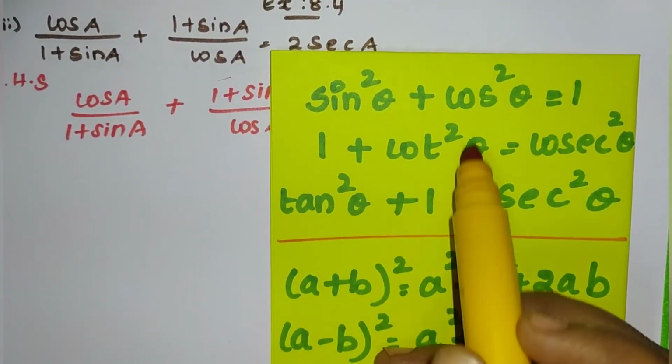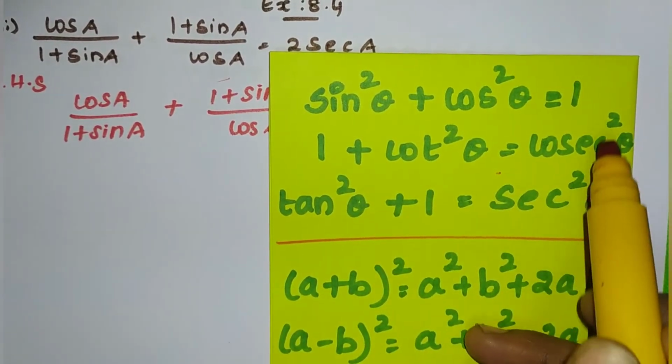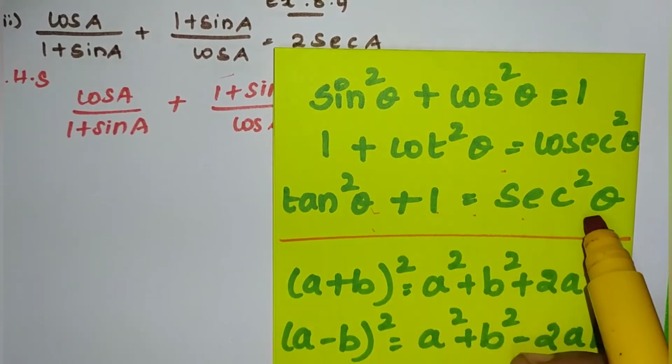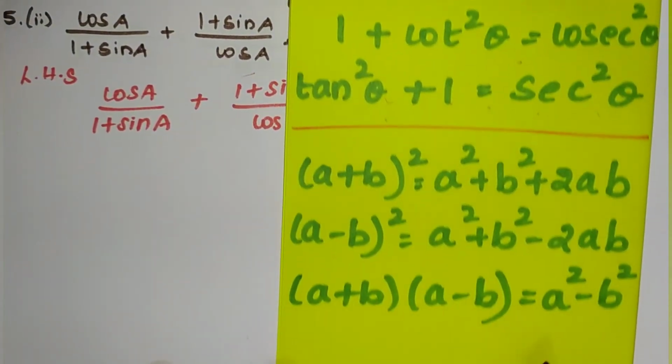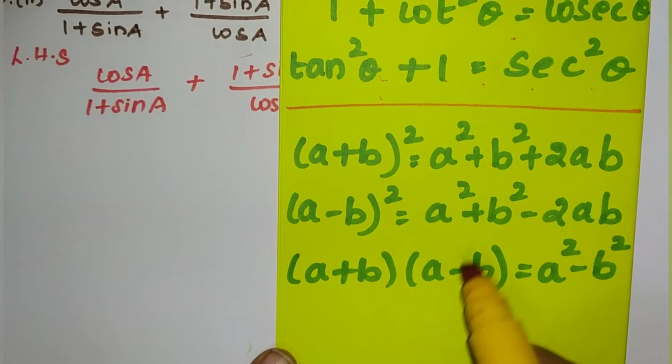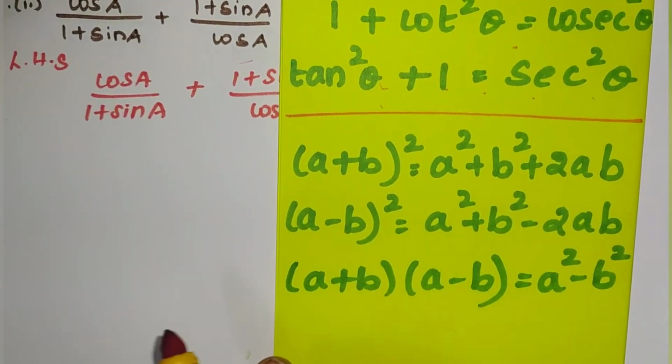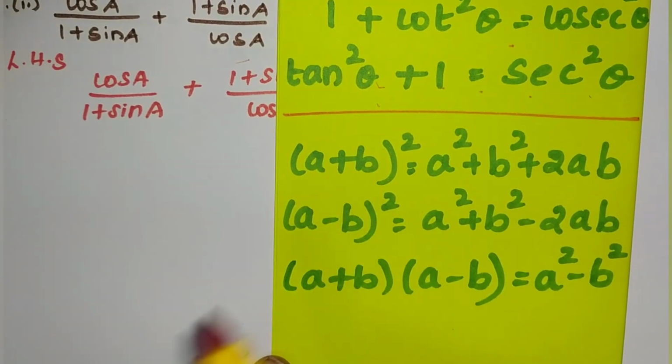Then 1 plus cot square theta is equal to cosecant square theta. Then tan square theta plus 1 is equal to secant square theta.